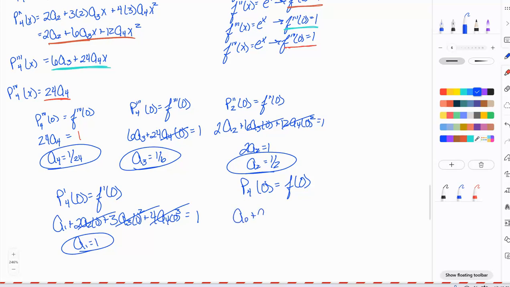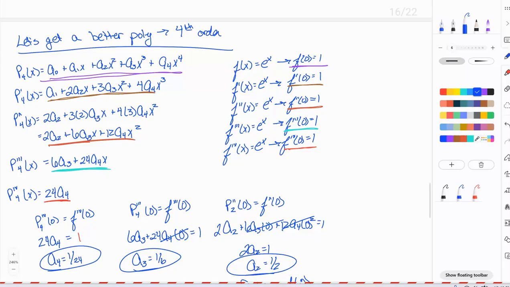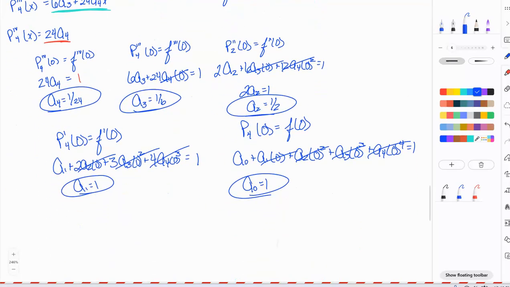So we have a naught plus a1 times x, which is 0, plus a2 times x squared, plus a3 times x cubed, plus a4 times x to the fourth. And you can see how a naught is going to be 1 there. So we have all of those numbers to plug into our fourth order polynomial.